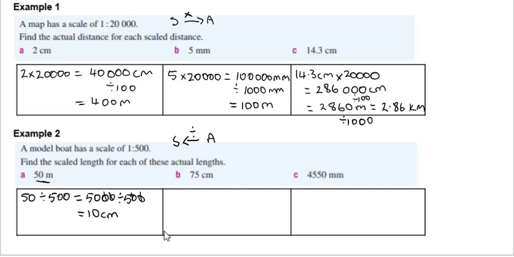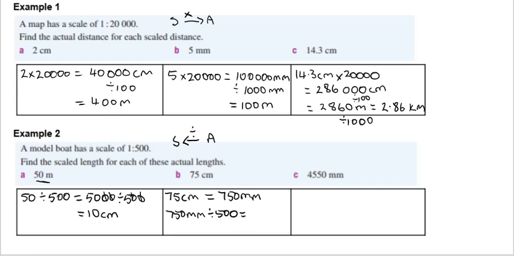Now, let's do 75 centimetres. To make it easier, let's convert that to millimetres, which is just 750 millimetres. So we do 750 millimetres divided by 500.